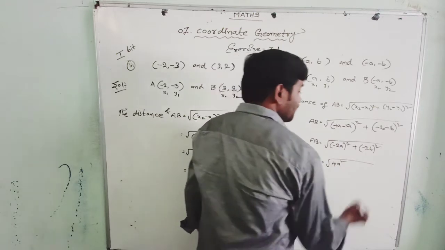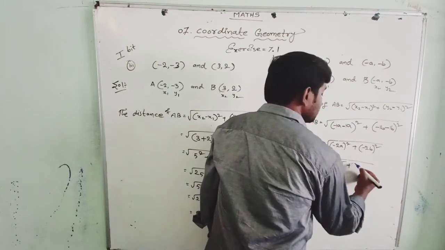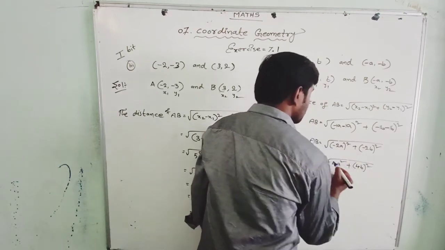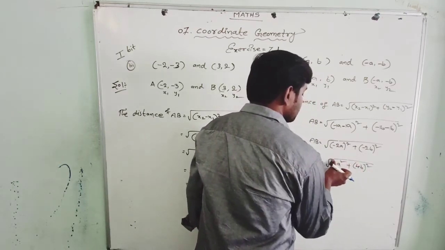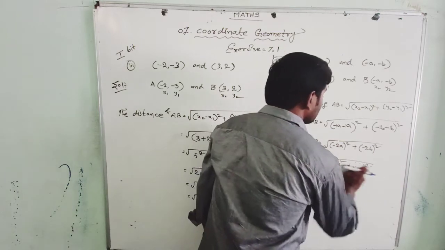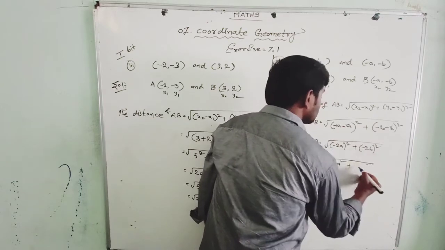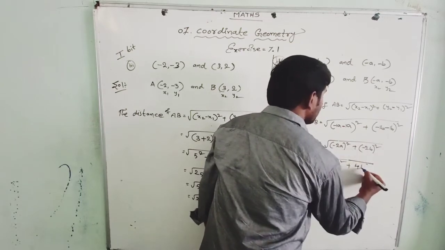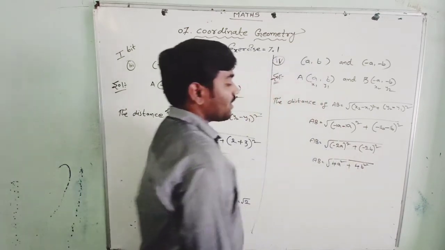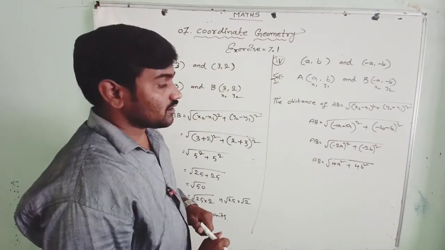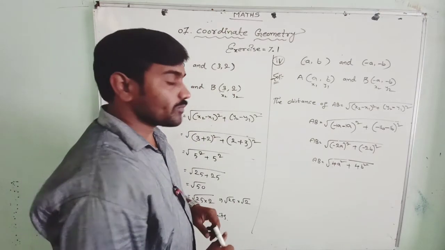Now place the same here also, 4b square. Sorry. Yes, 4a square, and minus square is plus, 2 square is 4, b to the power of 2 is b square. Now it is like this. Under root of 4a square plus 4b square.